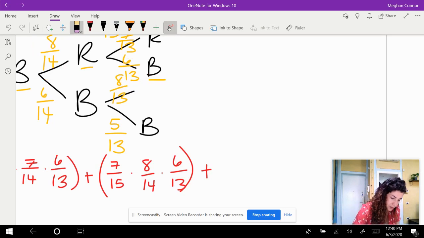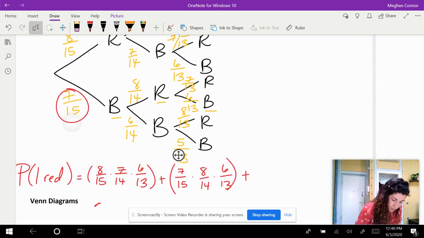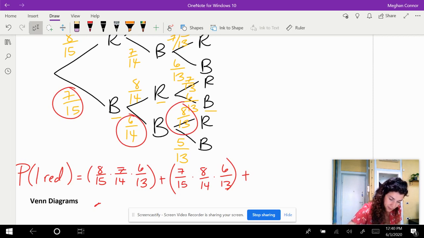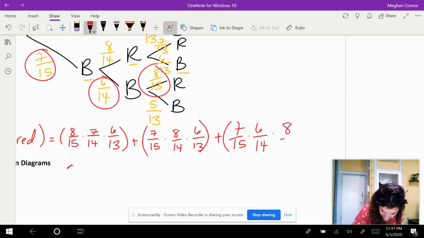Erasing my circles. My last one is going to be blue and then red. So that's going to be 7 out of 15 times 6 out of 14 times 8 out of 13.